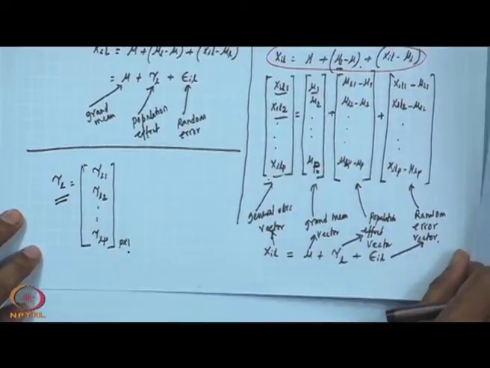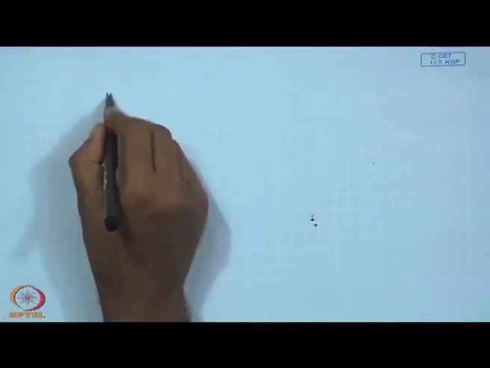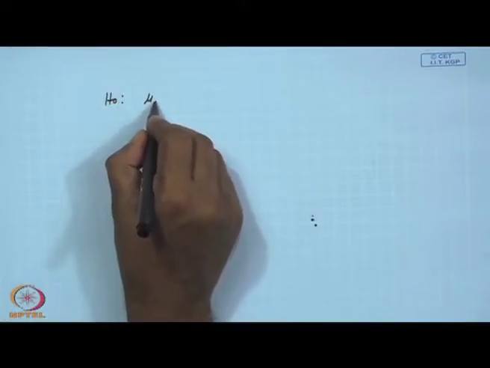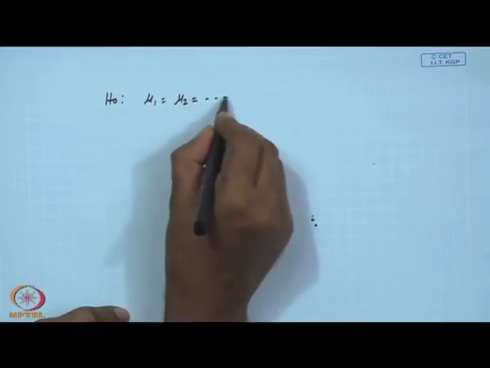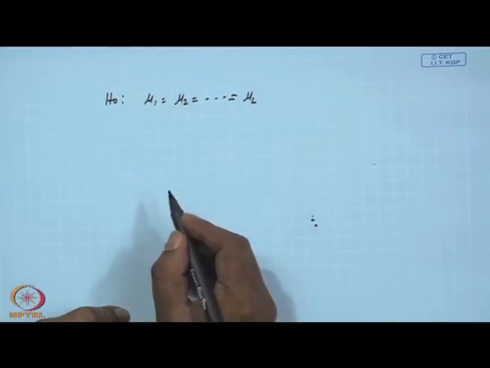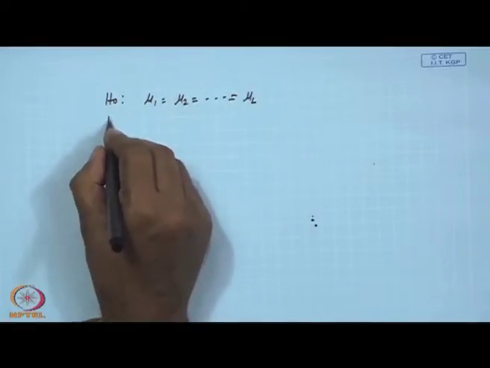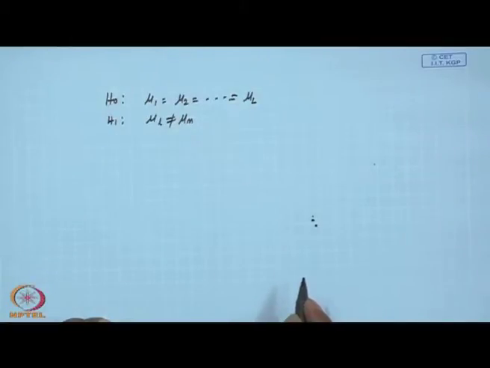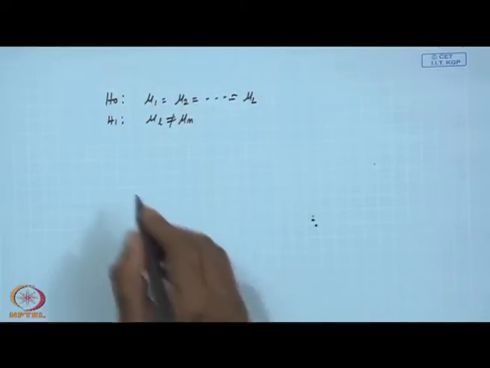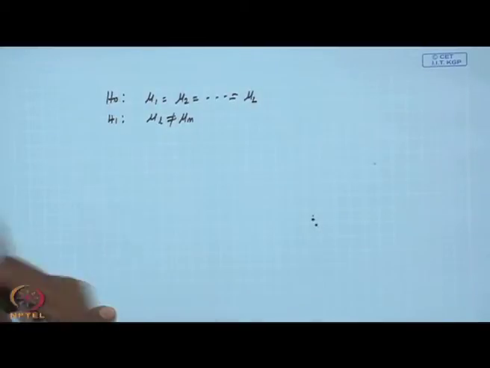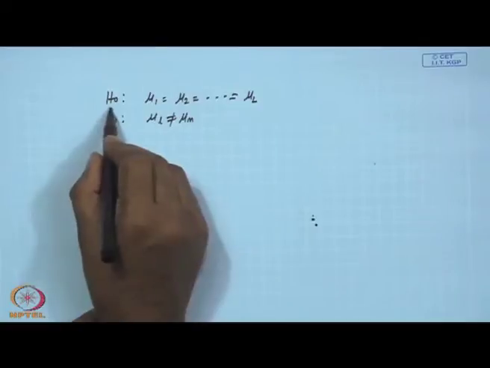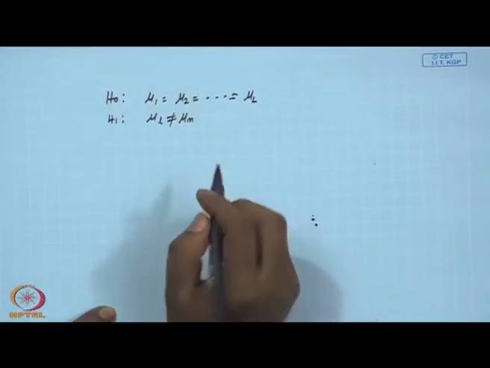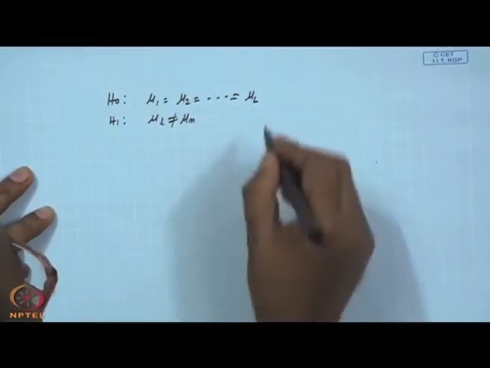So, if we frame our hypothesis like this, H0: mu 1 equal to mu 2 equal to mu L, and H1: mu L not equal to mu M for at least one pair L, M, then using this tau L concept, you can find out the null hypothesis also.